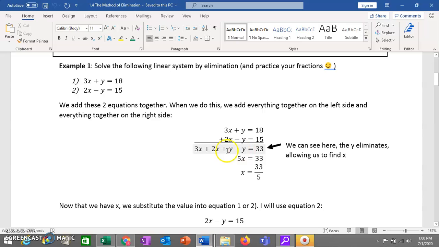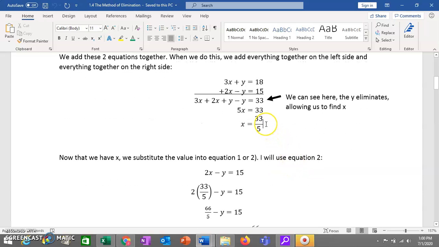So y is eliminated. That becomes 0. And I have 3x plus 2x is 5x. On the right-hand side, I have 18 plus 15, which is 33. Unfortunately, 33 can't be divided by 5 evenly, so I divide both sides by 5, and this is left as a fraction. So x is equal to 33 over 5. Yeah, it's kind of ugly, but sometimes that's the way it is.